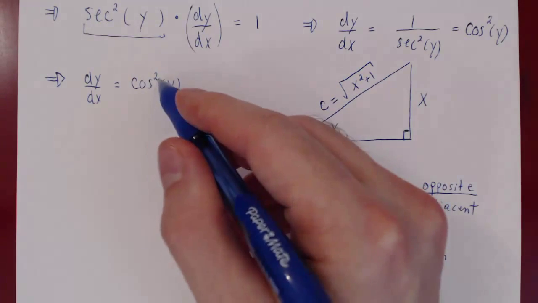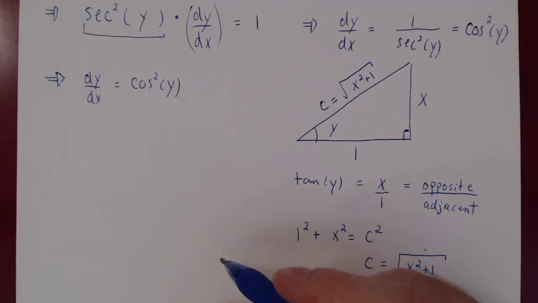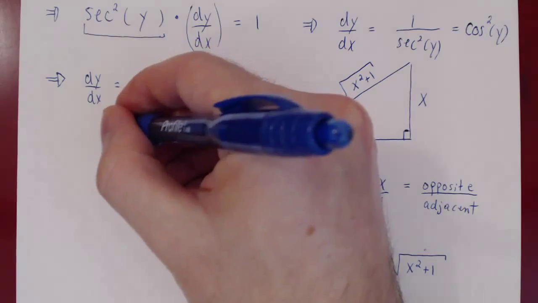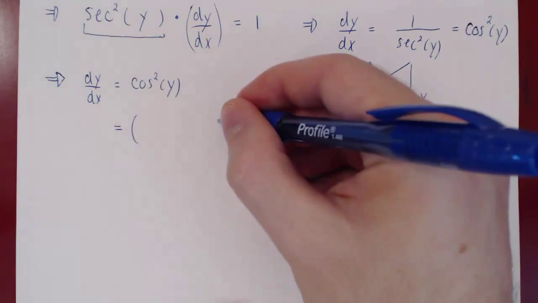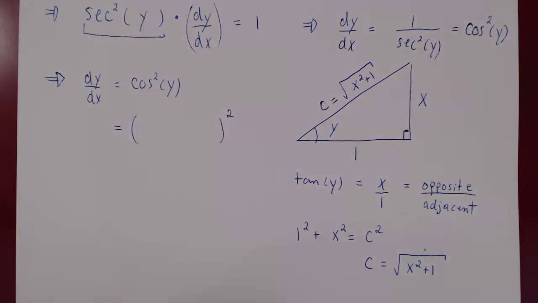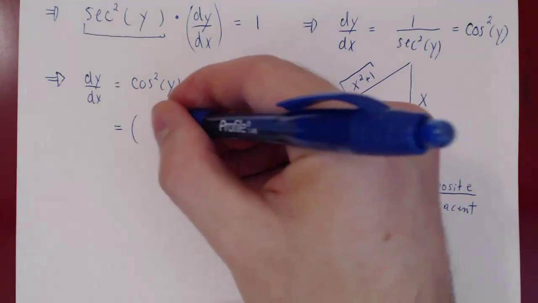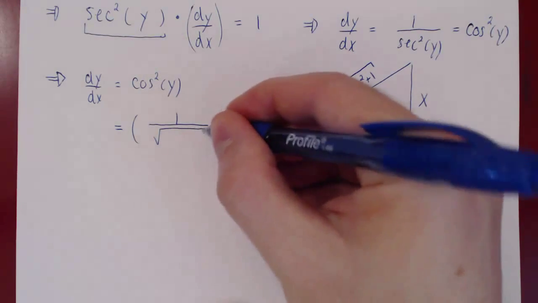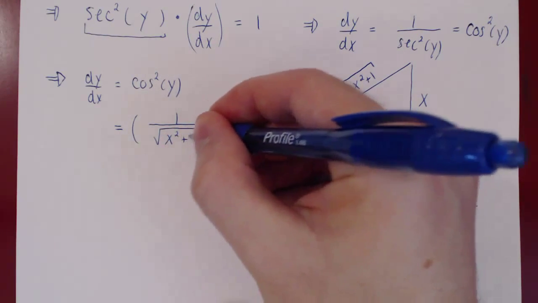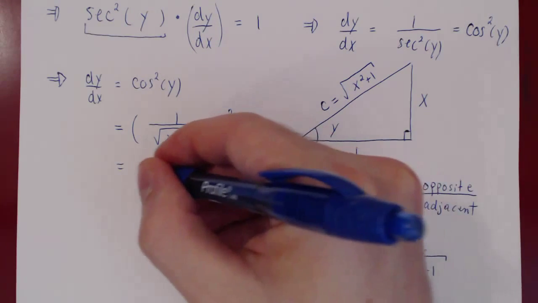So we can now find the derivative of arctangent as a function of x. It was cos of y all squared. But if you remember, cosine is the adjacent over the hypotenuse. So it's 1 over the root of x squared plus 1, all squared. Well, if you square 1, you get 1.